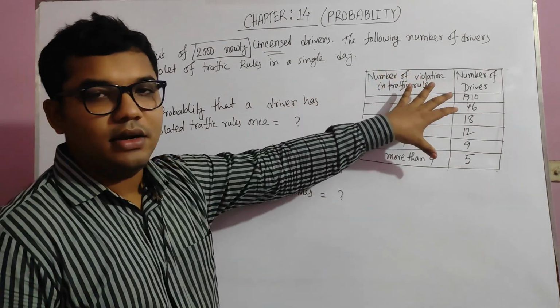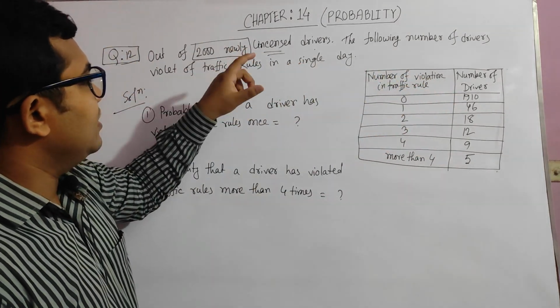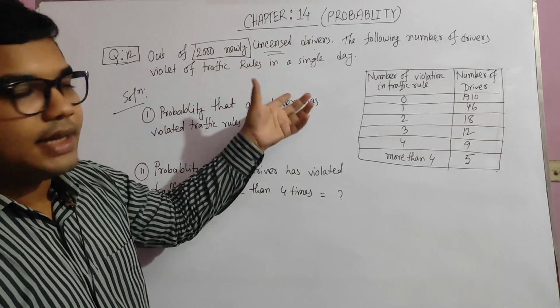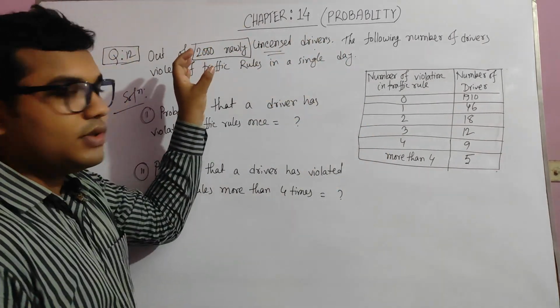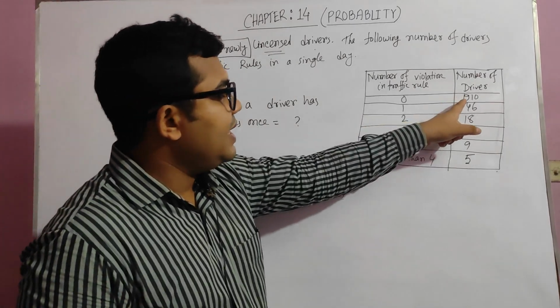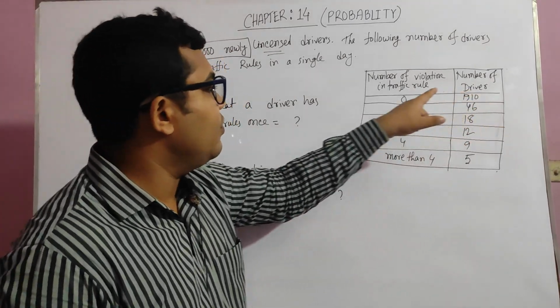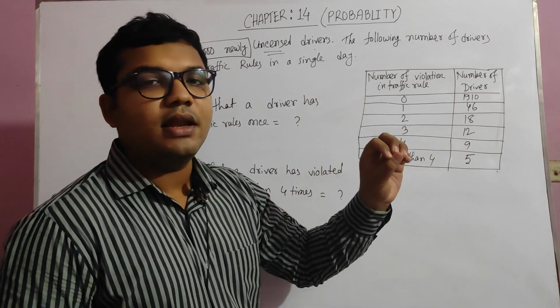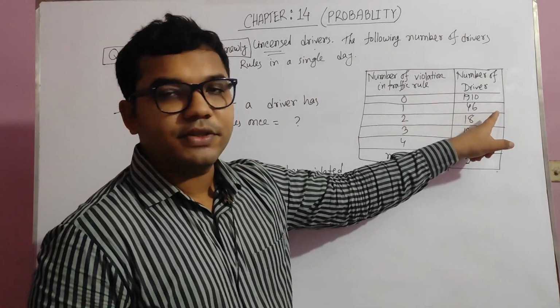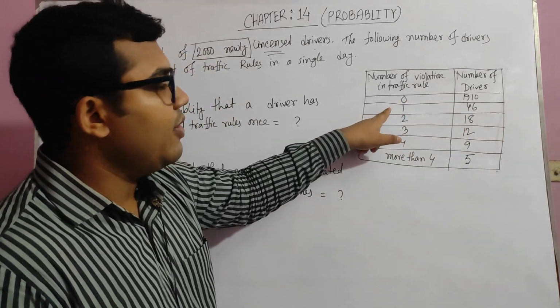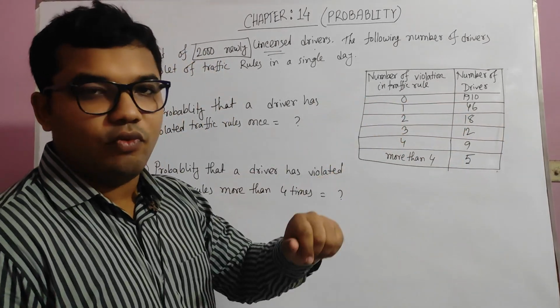This is the chart where newly licensed drivers are violating the rules. Among the 2000 drivers, 910 drivers haven't broken any law, but there are 46 drivers who violate the law in a day at least once.